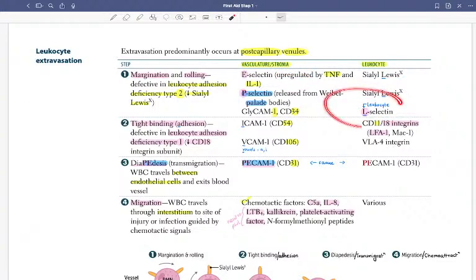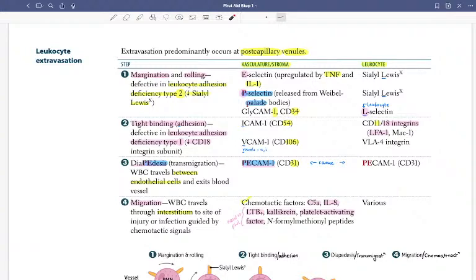L stands for leukocyte selectin, P for Weibel-Palade bodies, CD34 glycan. If there is a defect in this, it is leukocyte adhesion deficiency type 2. Adhesion is a stronger, tighter bond, so that is type 1.